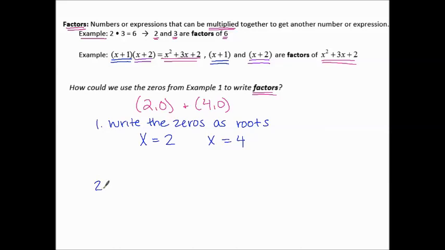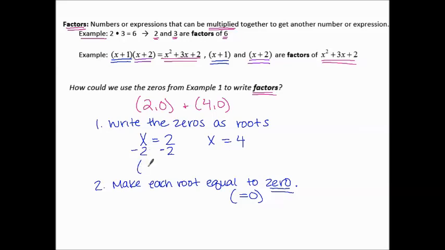Now I want to make each root equal to 0. So what that means is I have 2 over here, so I want to make it equal 0. So I have to subtract 2 from both sides. Since these are not like terms, I just write them x minus 2, and my 2's cancel.